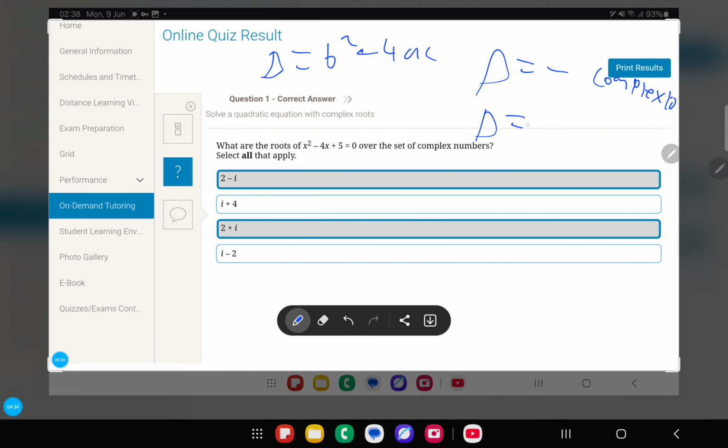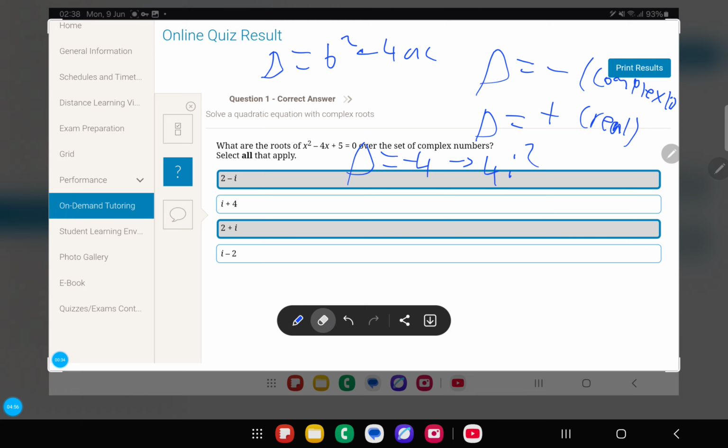But if delta is positive, it's real. But here we got delta as negative 4, remember? So it's complex, so you make it 4i squared. Then we solve.